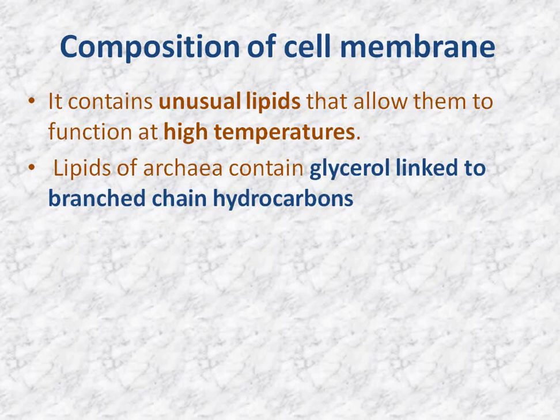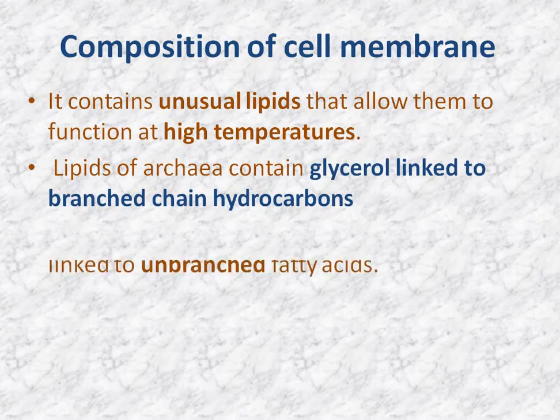This fatty acid is made up of hydrocarbons, meaning carbon and hydrogen. In eukarya and bacteria, the fatty acids or hydrocarbons are not branched, but in archaea, the fatty acid chains are branched.